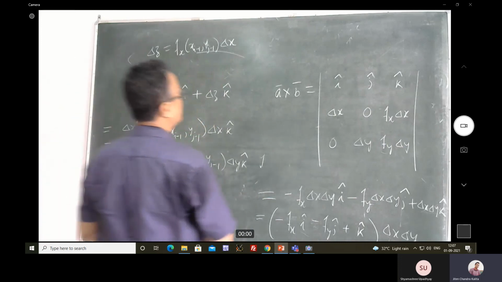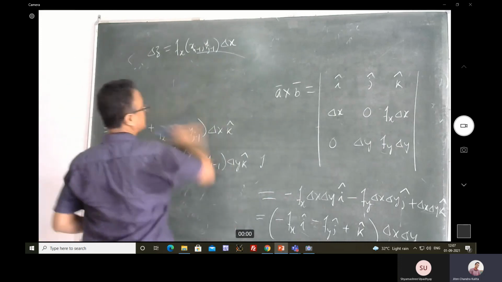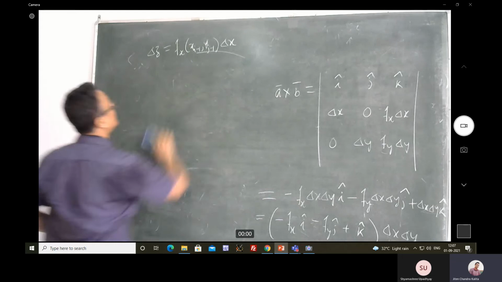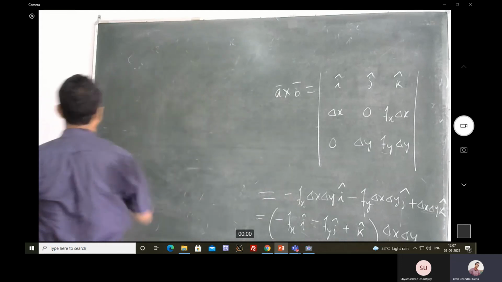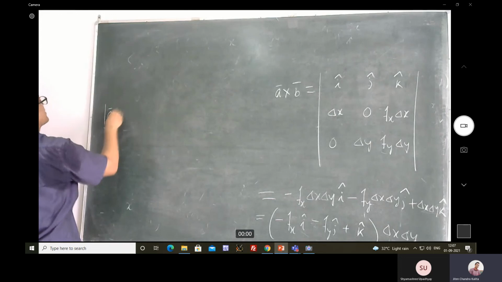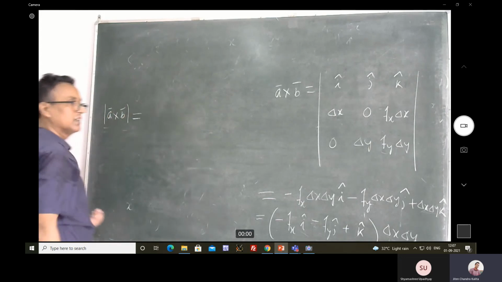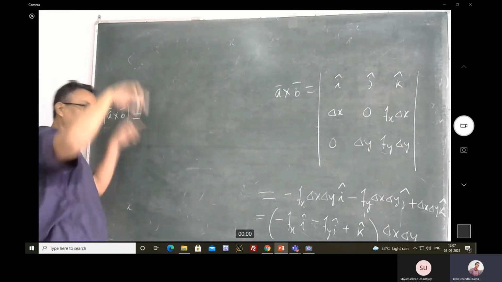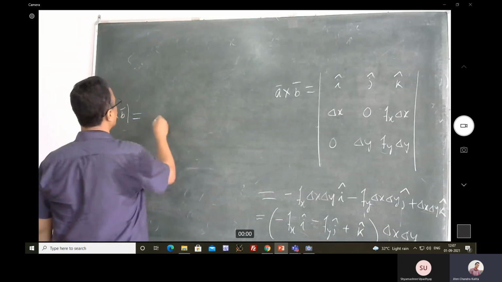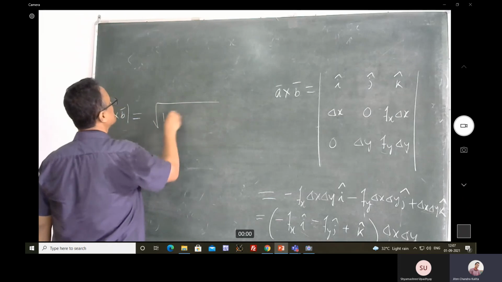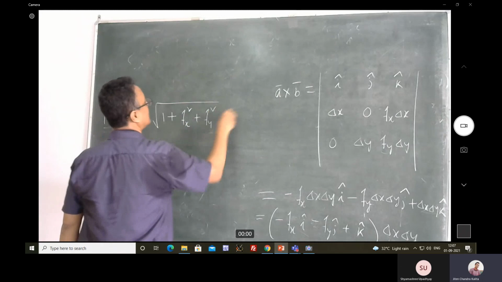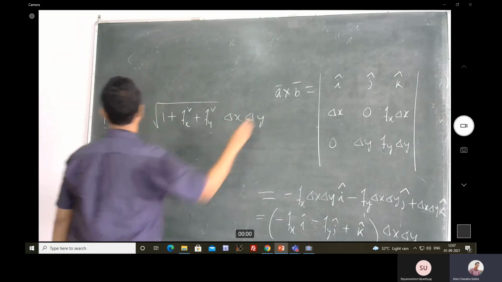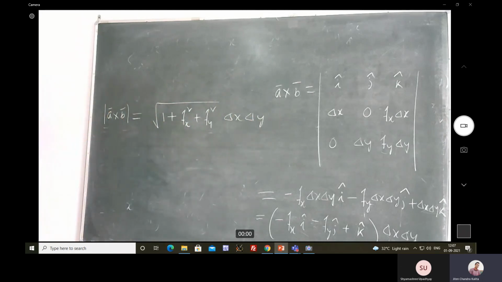So if I want to find out the area of that sub-plane, it is simply going to be the square root of 1 plus f_x squared plus f_y squared, times delta x delta y, right?